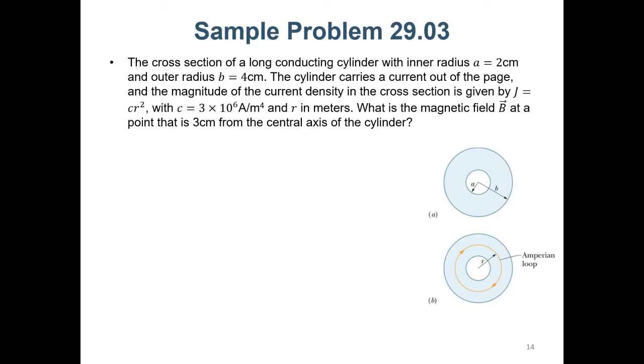The cylinder carries a current out of the page, and the magnitude of the current density J is given by C r squared. What is the magnetic field at a point that is 3 cm from the central axis of the cylinder? So this is 2 cm, 4 cm. It asks you for the magnetic field at 3 cm.